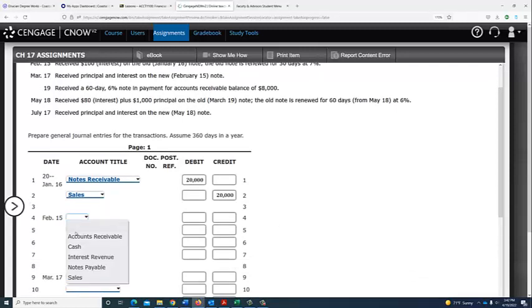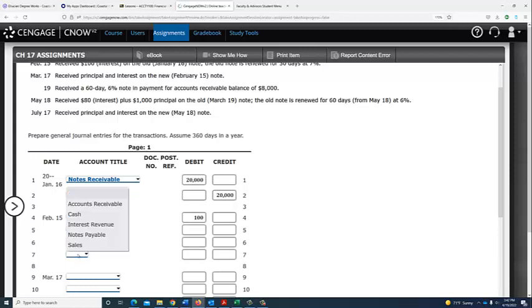So the first debit is for the cash, and it typically doesn't matter which debit you put first, but I'm just entering the cash collected from the interest. And I can also go down and enter the offsetting interest revenue while we're at it.